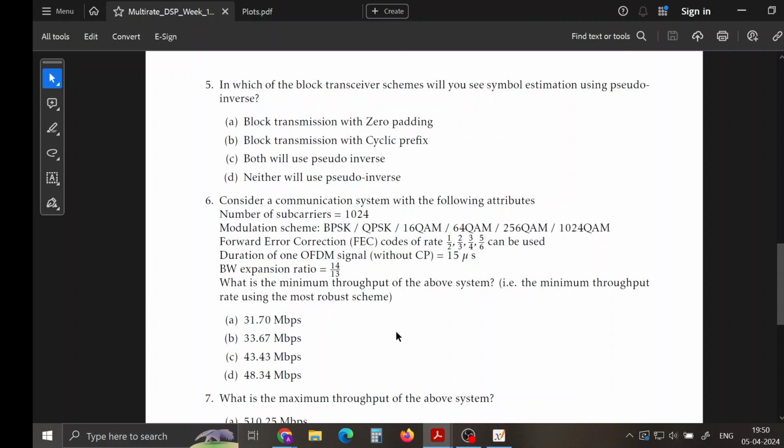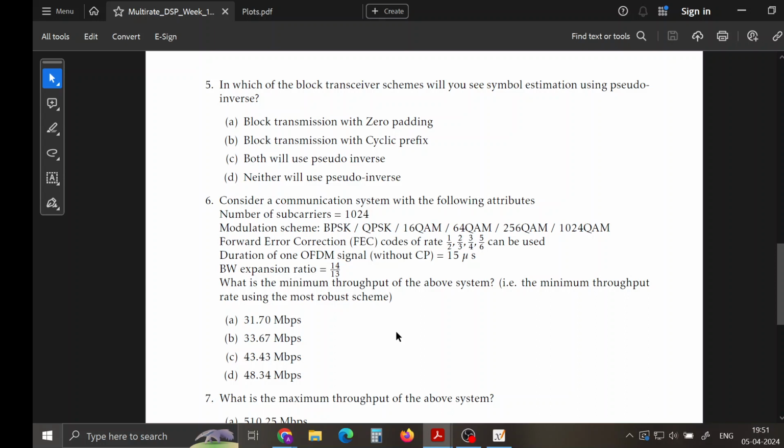For that, I'm compromising on the throughput. But if I want to achieve higher throughput, then I can go for a different choice. That we will see in the seventh question, the next question. But I hope you get the idea.